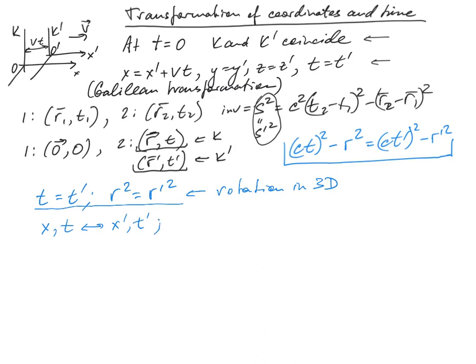We'll write the formula shortly, while y and z are unchanged. Because y and z are unchanged, this transformation will correspond to ct squared minus x squared equal to ct prime squared minus x prime squared.